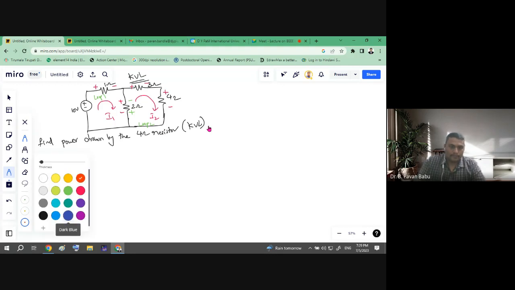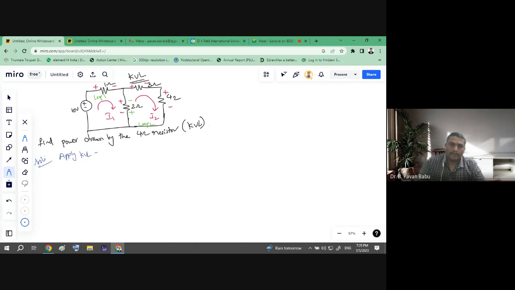The solution is to apply KVL at loop 1. So what is the statement here? Algebraic sum of all branch voltages around a closed path in a circuit is always 0 at any instant of time. I repeat once again, algebraic sum of all branch voltages is equal to 0.